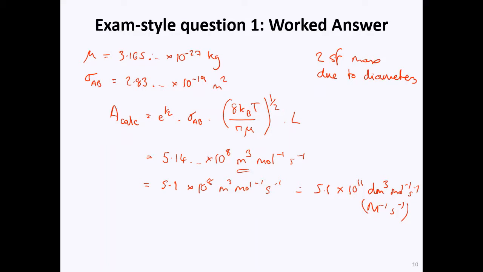Okay, and finally, to finish off the question, it asked us to calculate P as well. Well, in order to calculate P, we basically say P is equal to A calc divided, sorry, wrong way around.